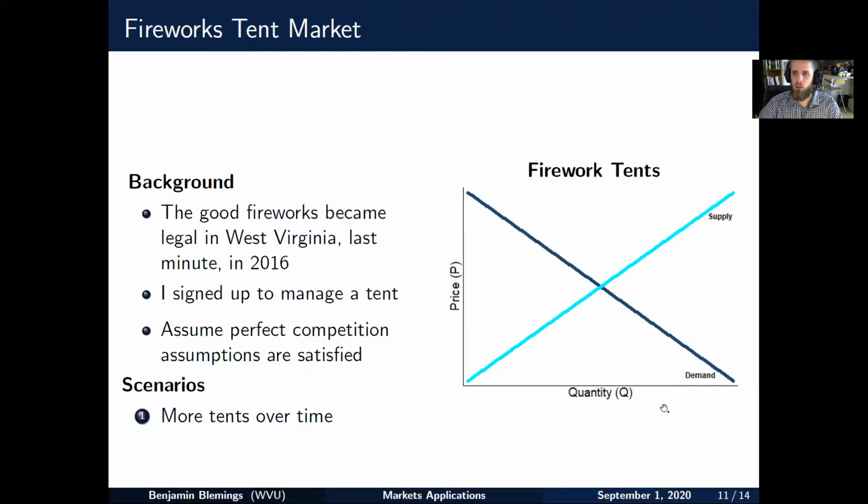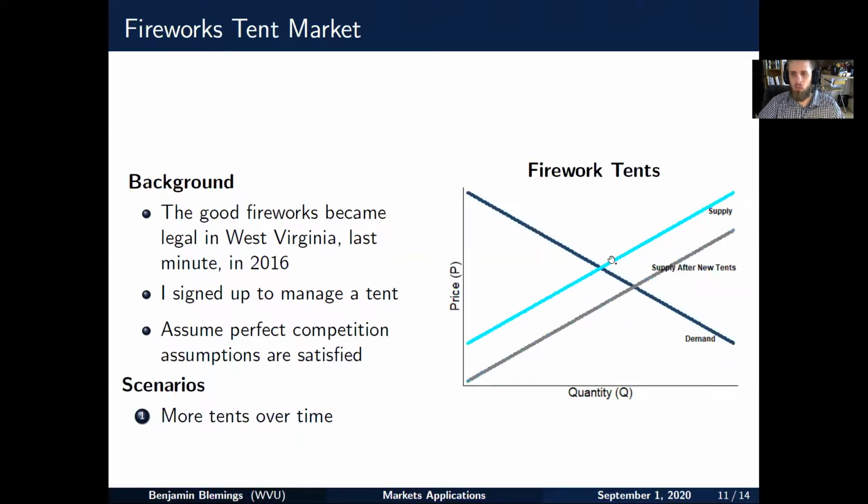Scenario 1, let's just say that there's more tents over time. How would you model that in the supply and demand framework? Well, this could be modeled as a parallel shift out from the old light blue supply curve to a new gray supply curve.